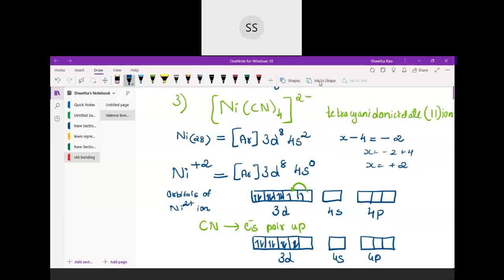Now after that, how many cyanide ions are there? 4 cyanide ions are there. So in the presence of 4 cyanide ions, we require only 4 orbitals. So I will take one 3d orbital, one 4s orbital, and 2 4p orbitals.